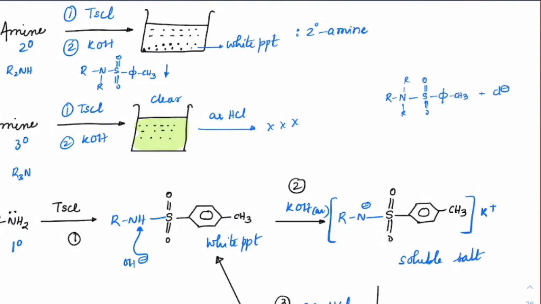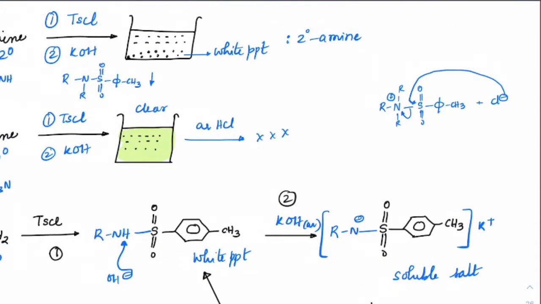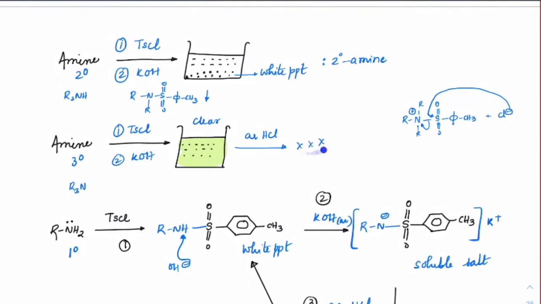But the problem is that this nitrogen has a positive charge and there is no leaving group as such here. So Cl minus will again attack back on sulfur, and this bond will be removed. So we can say as if no reaction is happening. It will always exist as a clear solution. This amine added with this reagent will always exist as a clear solution. There is no reaction happening.